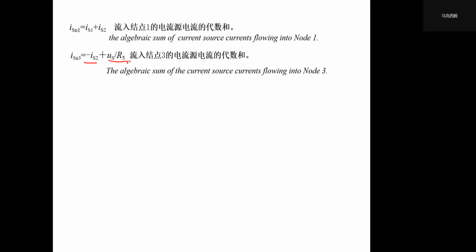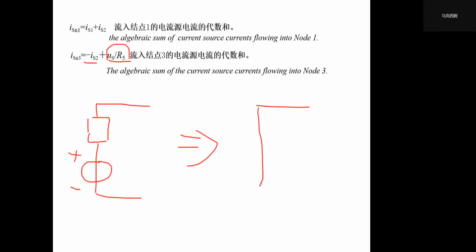And the other one is the voltage source. We're using the trick to replace the series connected resistance and voltage source, and transform it into a parallel connected resistor and current source.